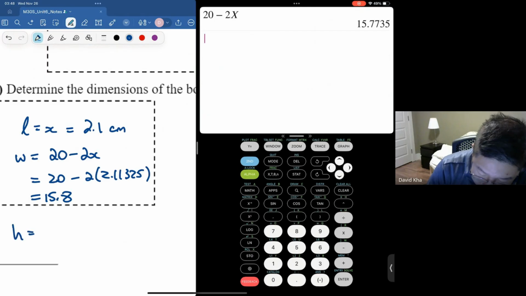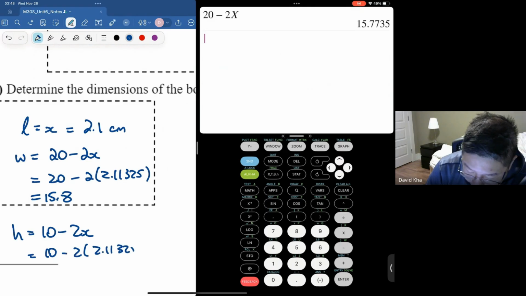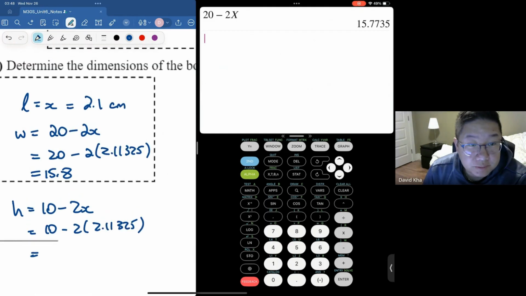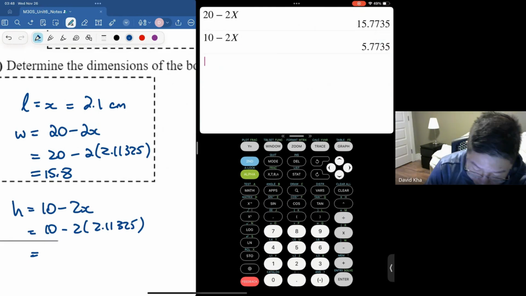And the height was 10 minus 2x. Again, it'd be 10 minus 2 times 2.11325. And again, when you go to your calculator, you're not going to type in 2.11325. You're going to go 10 minus 2x. Again, the value is still stored for x. So 5.8 centimeters.